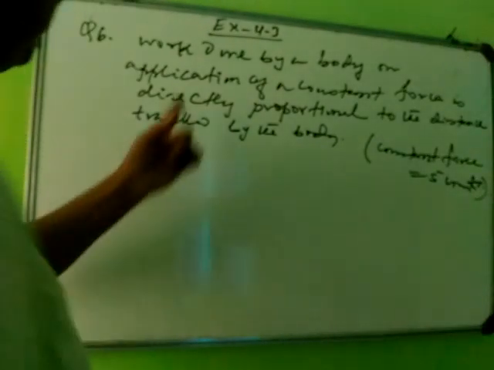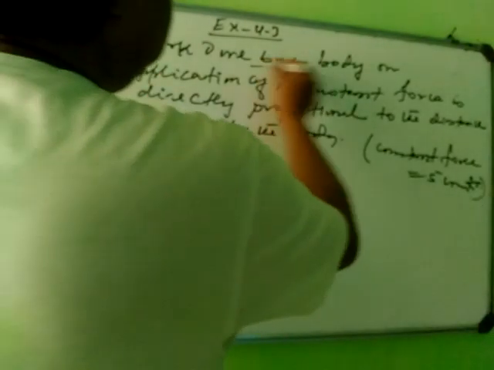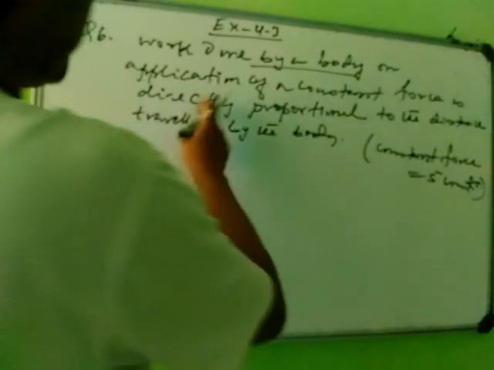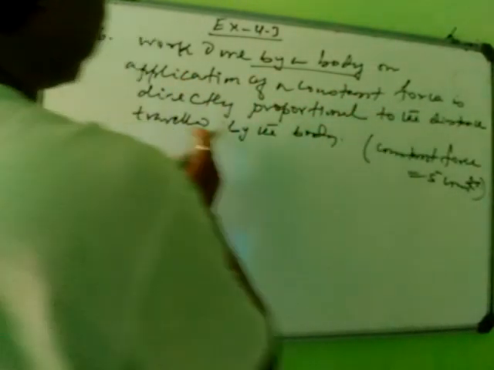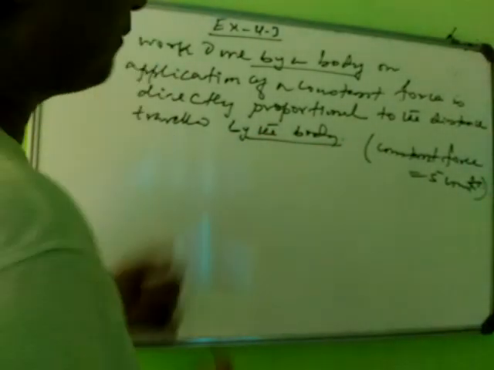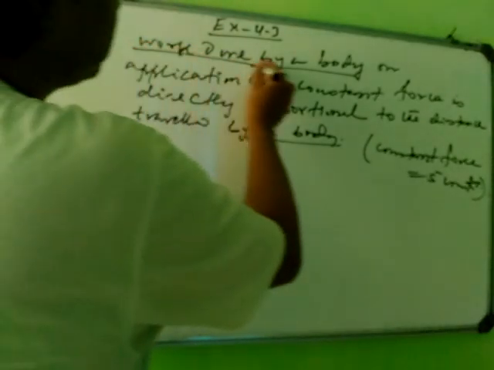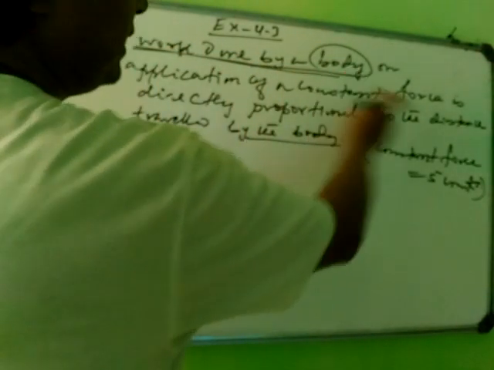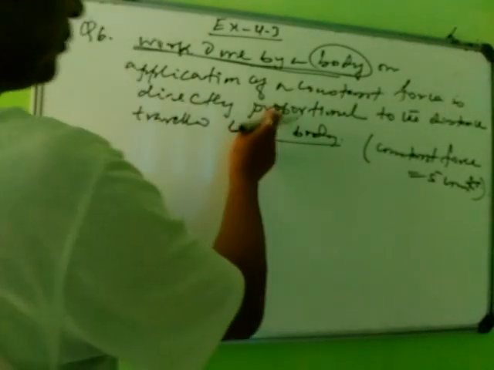Now here it is given that the work done by a body on application of a constant force is directly proportional to the distance traveled by the body. So now here a relation is formed between the work done by the body and the distance traveled.